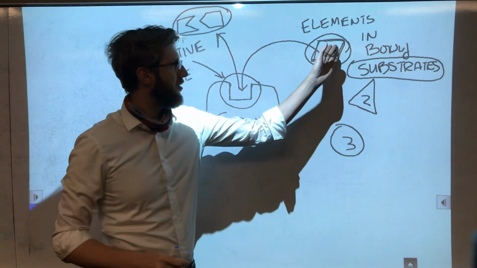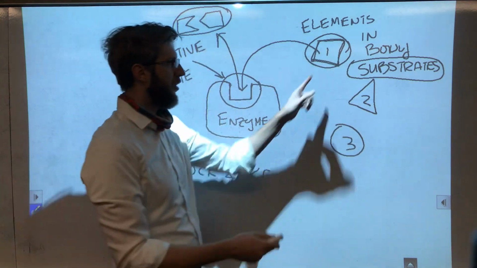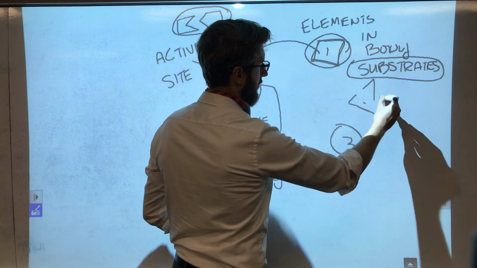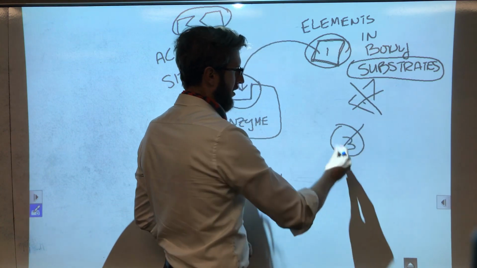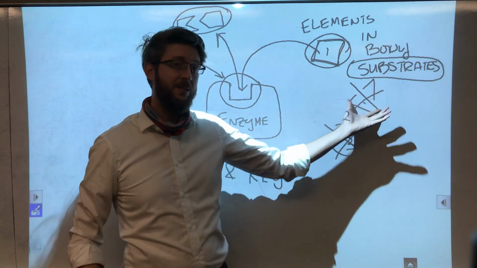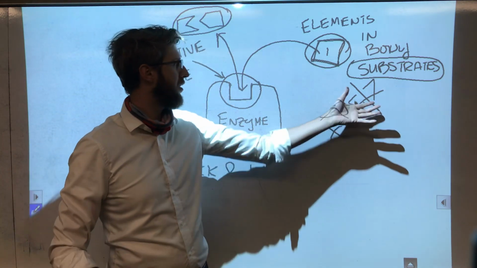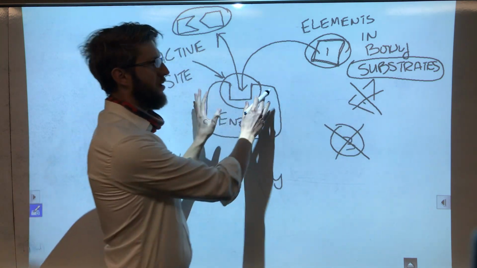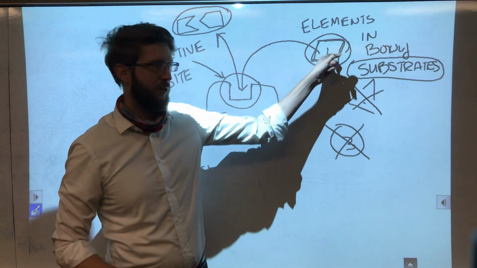It's like the key fits into the lock and only that key. This won't work. That won't work, and that won't work. Only that one will bind this enzyme. These guys will have their own enzymes that have a right shape for them, but not this guy. Okay, this guy only works with this guy.